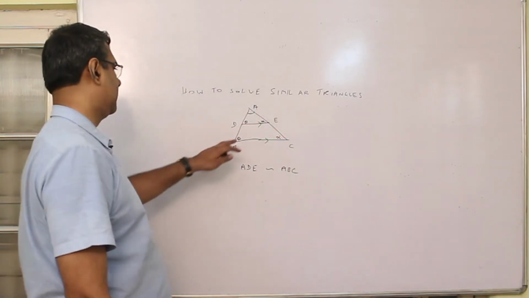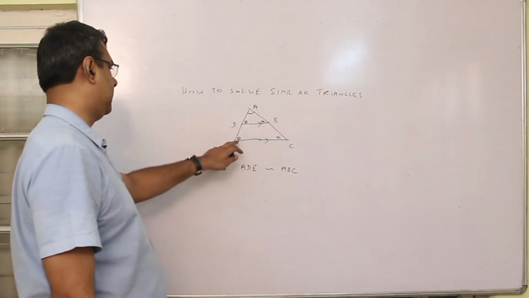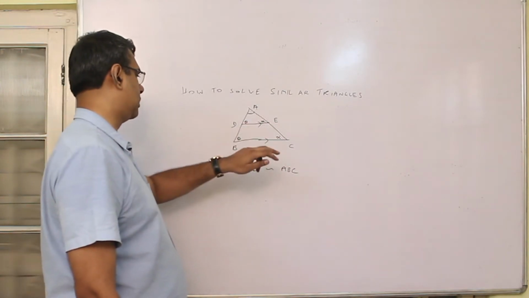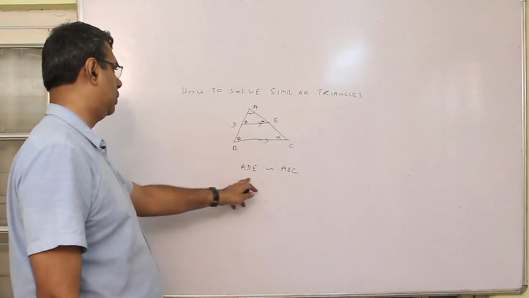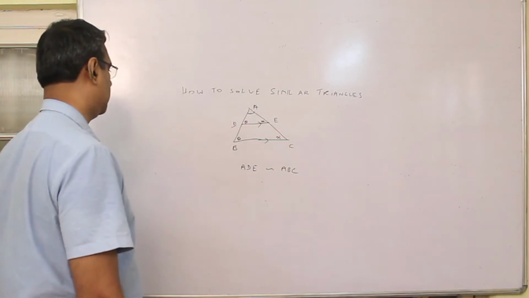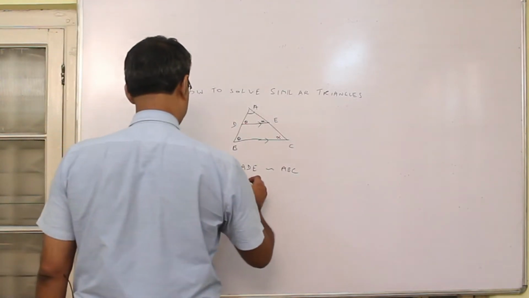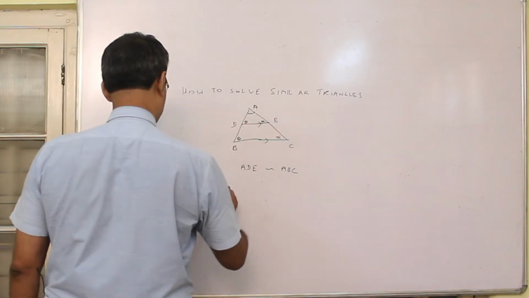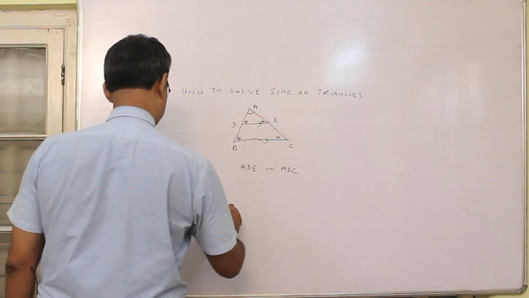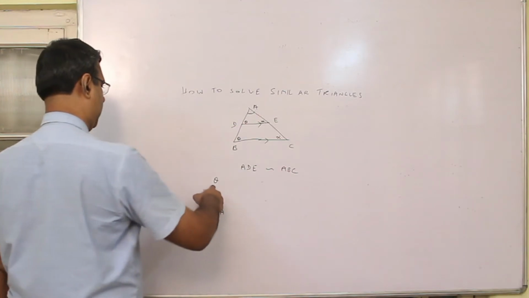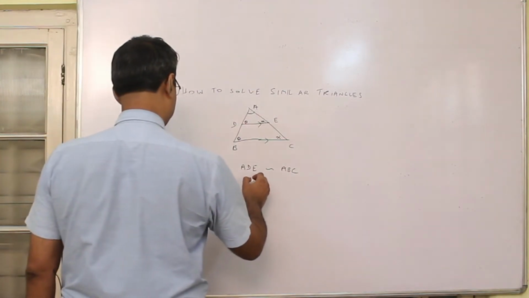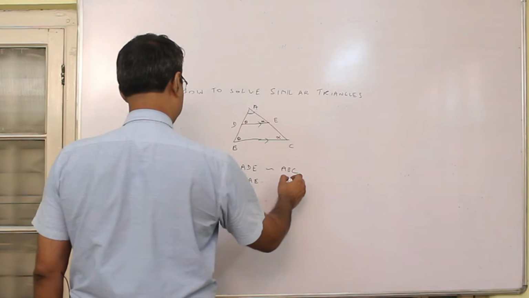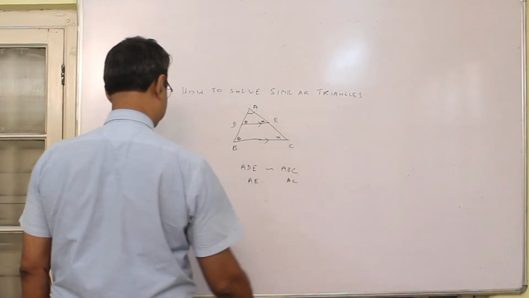Why? Because you can see that this is theta, this is also theta, this is alpha, this is also alpha, and angle A is common to both ADE and ABC. So ADE and ABC are similar triangles. Once again, what you can do is you can just write down that in triangle ADE opposite of theta is AE, and in ABC opposite of theta is AC.